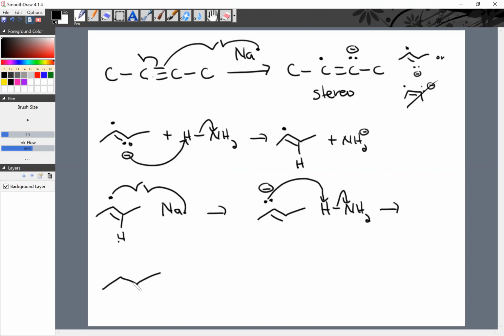And lo and behold, I end up with a trans alkene and another NH2 minus. So that's the mechanism of the DMR for alkynes, and it's the only way we have for making a trans alkene. All right, so there's that for the alkynes.